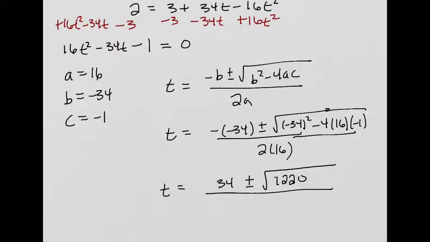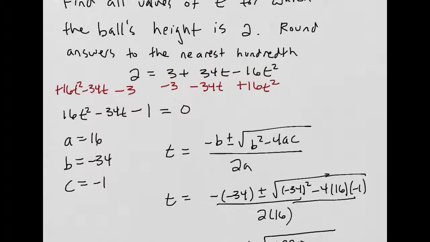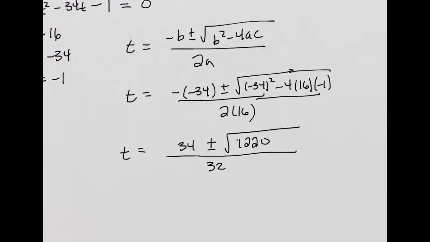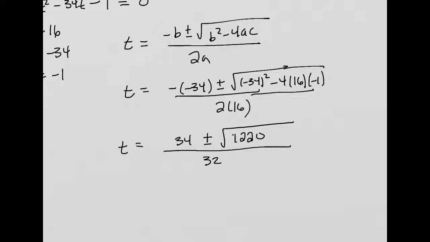And then in the bottom we have 2 times 16, which is 32. Okay, and again, notice that in our answer, we're supposed to round our answers to the nearest hundredth. So if I wanted exact answers, I would certainly try to simplify what's under the radical at this point, but because they're asking us to round our answers anyway, I'm just going to run our two potential solutions through the calculator.